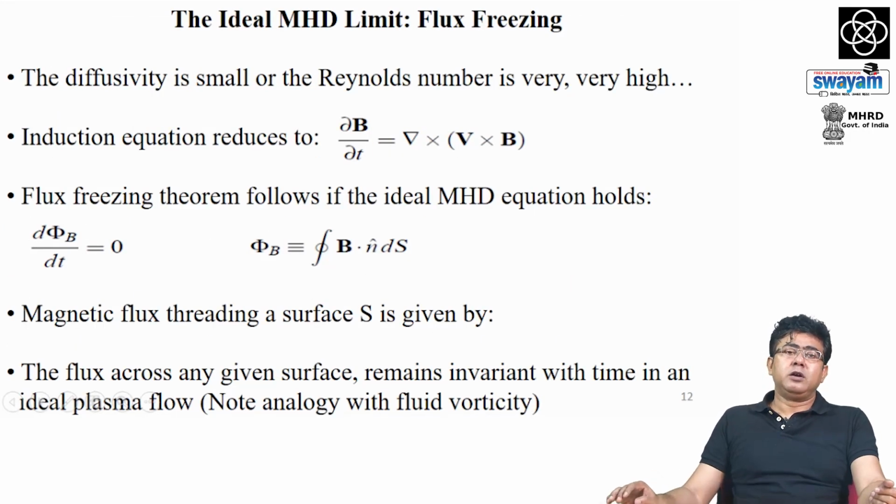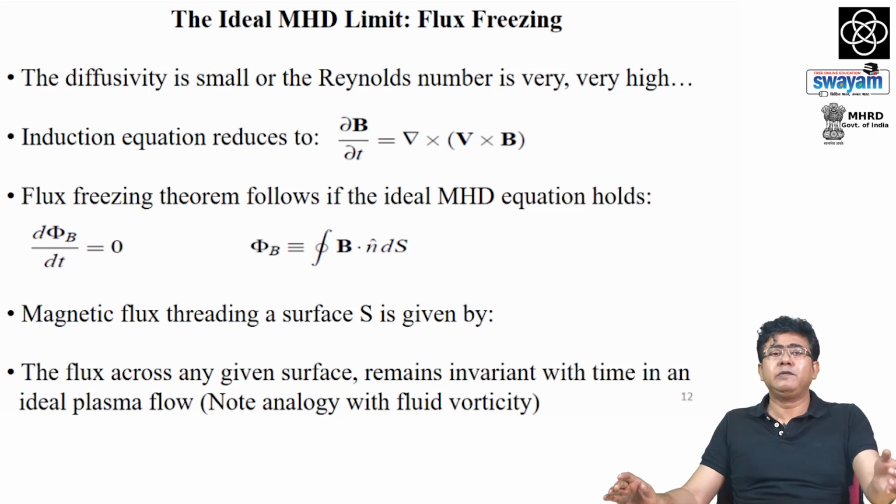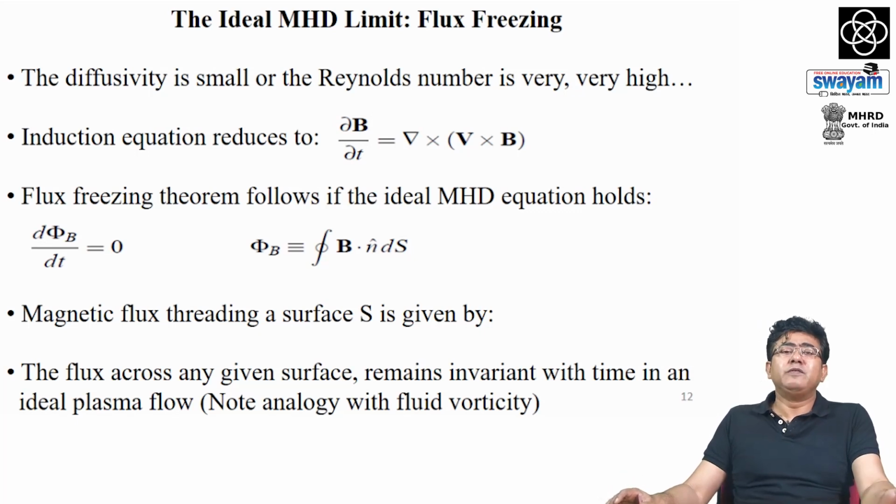Now, you can show this explicitly, that if any arbitrary vector field F satisfies the equation that del F del t is equal to curl of V cross F, then the flux of that field across any surface, while that surface is moving along with the fluid flow, is essentially invariant, right. What this implies is that in this case the flux of the field, which is B, is the magnetic flux.